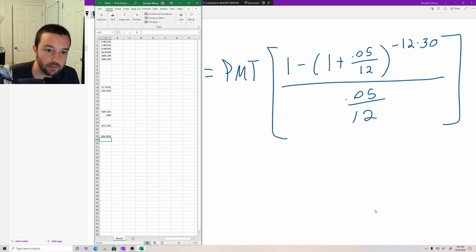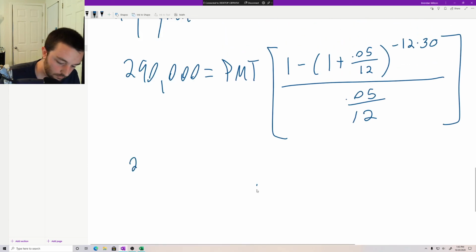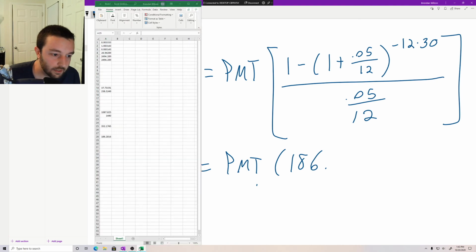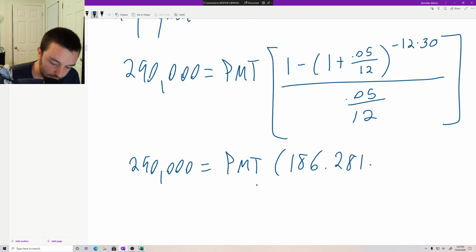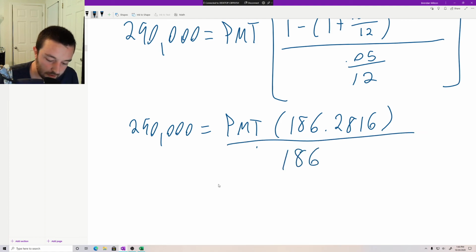So we get 186.2816. Now again, we want to get the payment by itself, so we divide both sides by 186.2816.